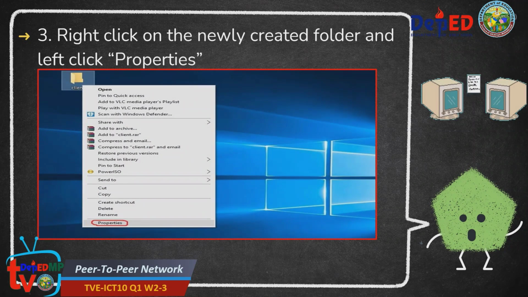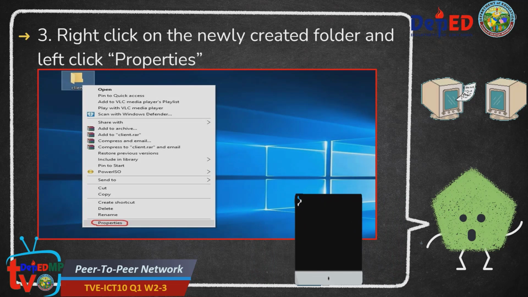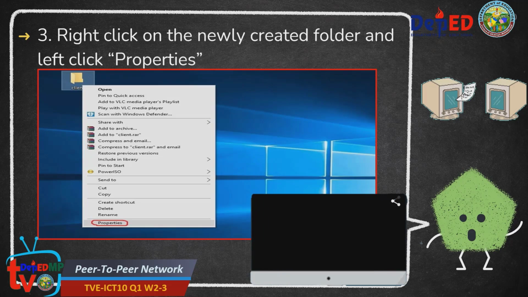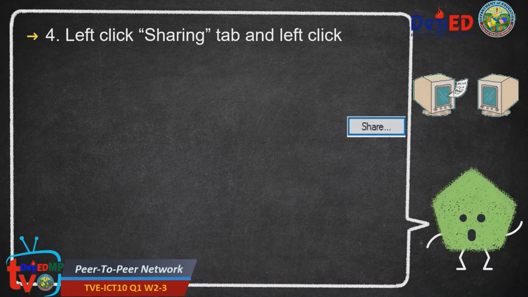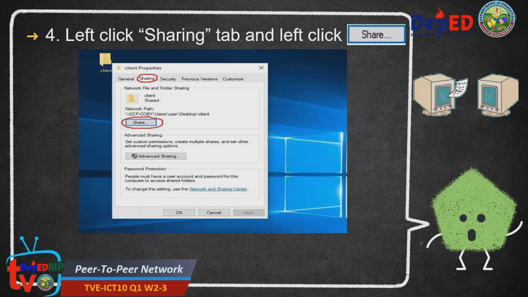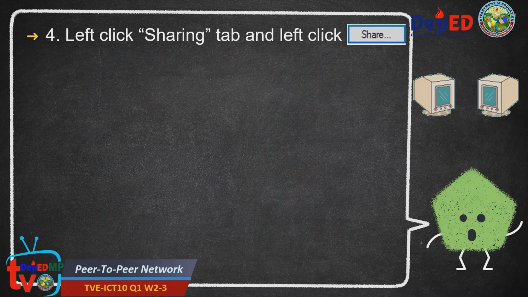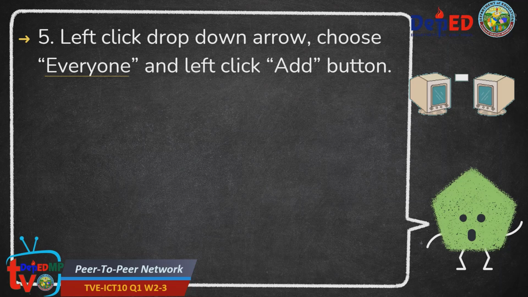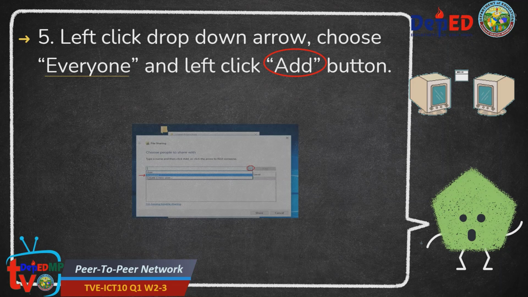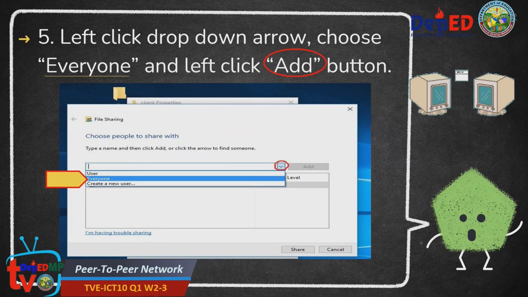And number 3, right-click on the newly created folder and left-click Properties, just like in our example. Number 4, left-click Sharing tab and left-click Share. Number 5, left-click drop-down arrow, choose Everyone and left-click Add button.